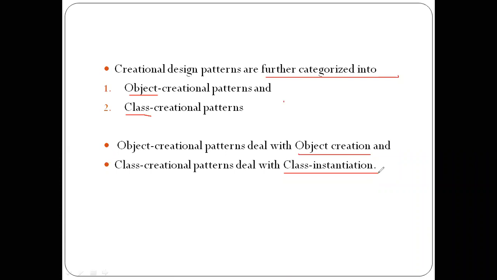These two creational patterns focus on those two points. Any subclass creation or other object creation will be done in later situations. So this is about creational design patterns. Let's move to the next slide.